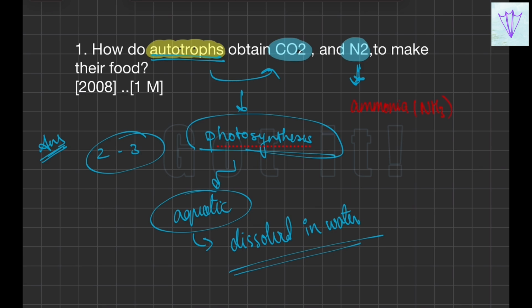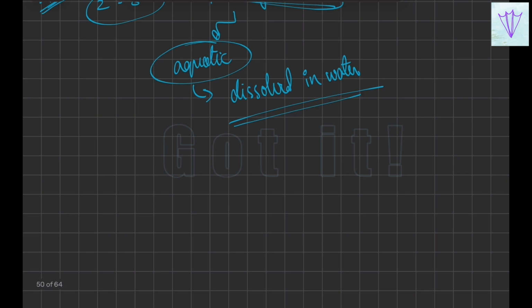They use the symbiotic relationship with rhizobium, and they convert atmospheric nitrogen to usable compounds such as ammonia, and in that way they are able to utilize nitrogen in the forms of nitrates or ammonia from the environment. So simply you can answer this question as: CO2 is obtained with the process of photosynthesis and N2 is obtained with the nitrogen fixation process. With this, your 1 mark question will be sorted.